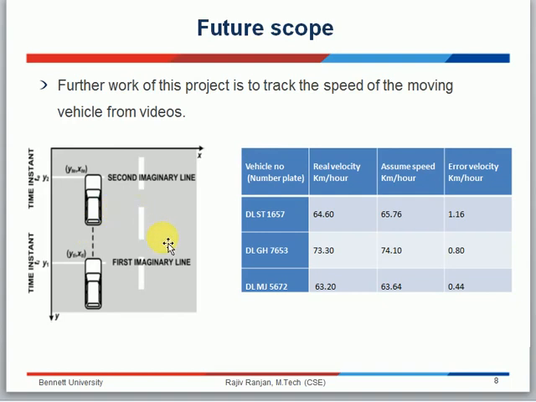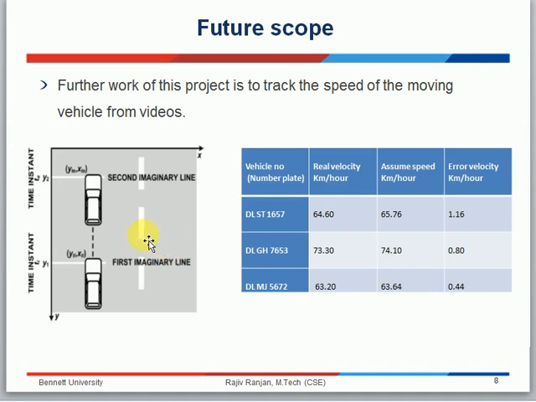So in future scope, if I am able to overcome those challenges, then I will also be able to track the speed of the vehicles that I have detected through the video surveillance.